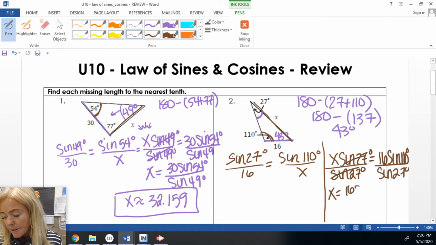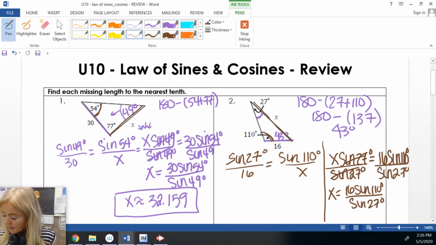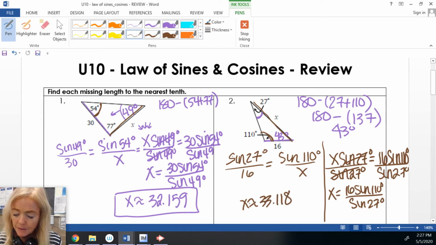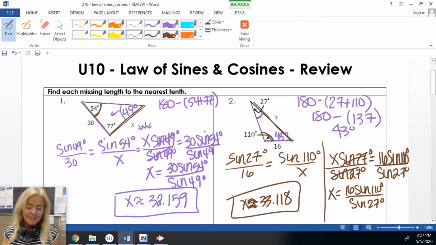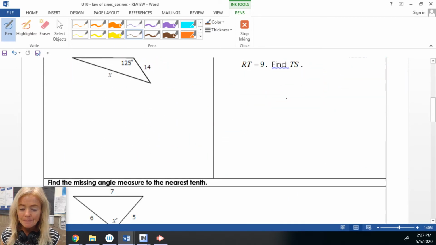X is 16 sine 110 over sine 27. All right, in the calculator, do alpha y equals 1 or your N over D. 16 sine 110 over sine 27. And x is approximately 33.118 units. And that's an approximate sign, like an equal sign, but approximately. All right, good to go.